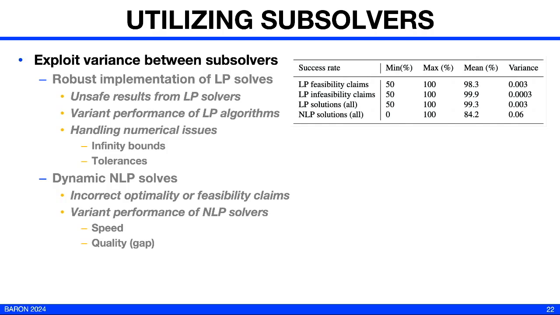Sometimes they return a local optimal solution, but in fact, they violate the KKT conditions. So we need to be very careful in filtering these solutions. Otherwise, BARON will terminate with wrong optimality claims. And also for LP solvers, we find almost 1% of the final solutions from the LP solvers are incorrect.